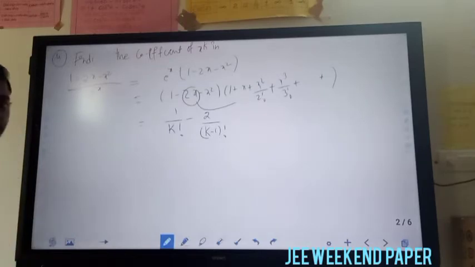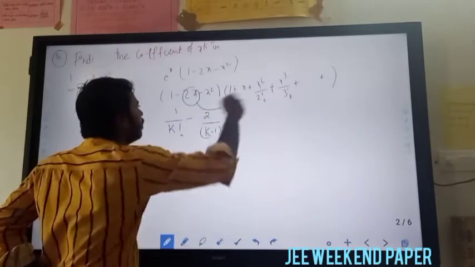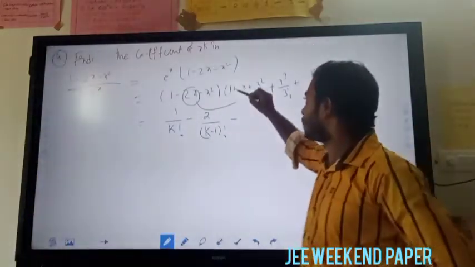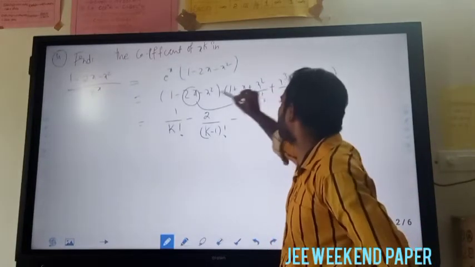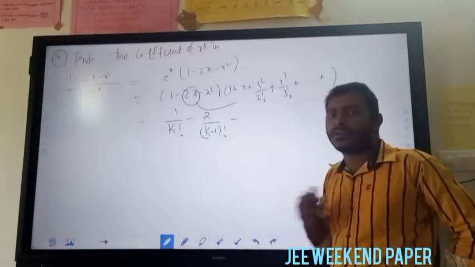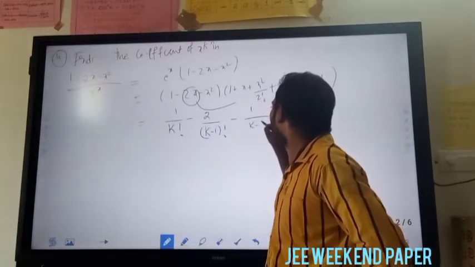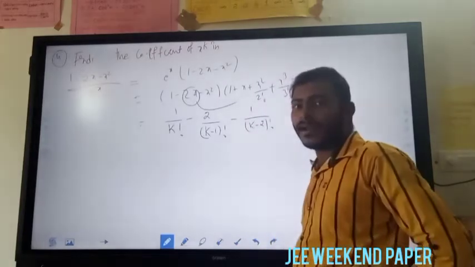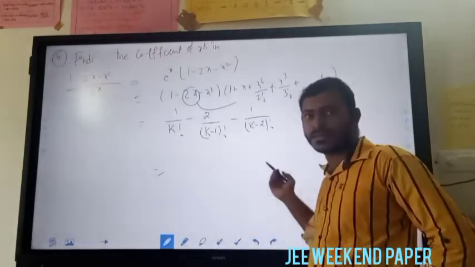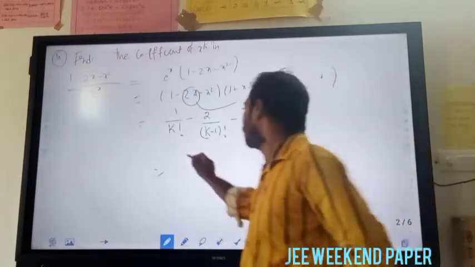Next, when you multiply with minus x square, x square becomes x cube, x power 4, and so on. So the x square coefficient is 1, that is, 1 by k minus 2 factorial.